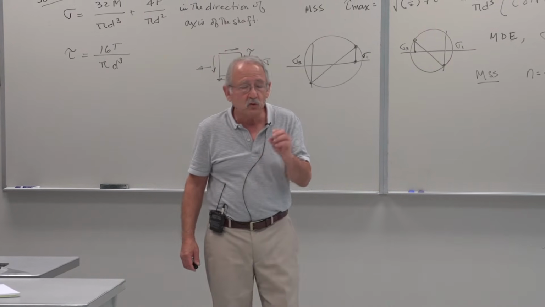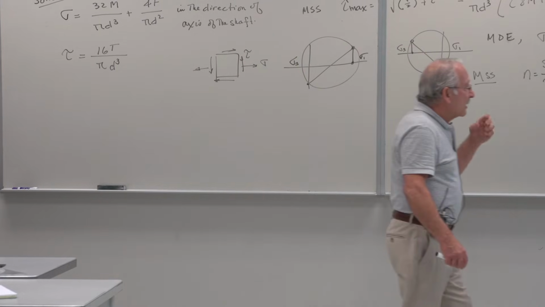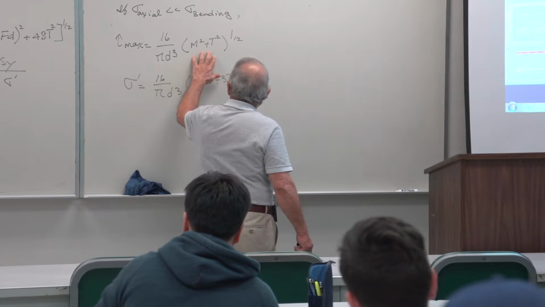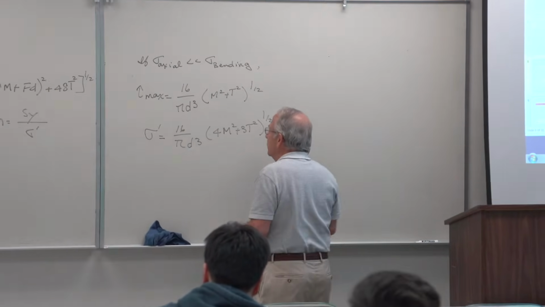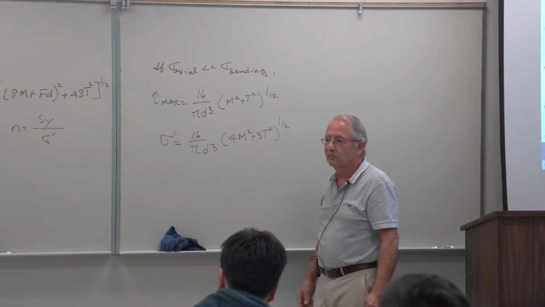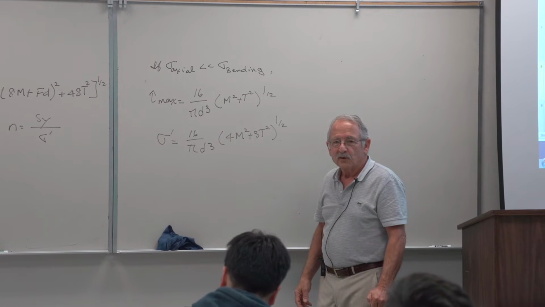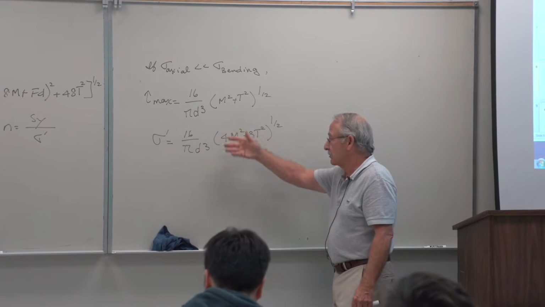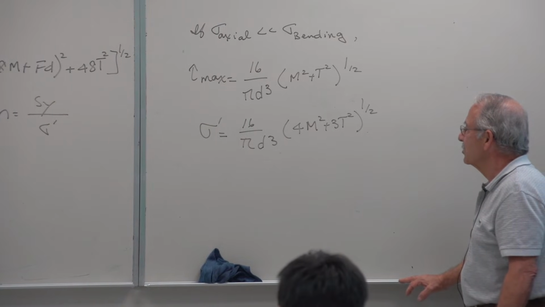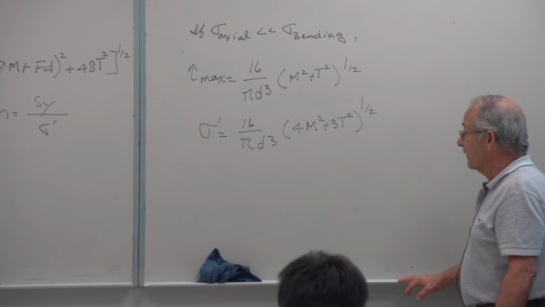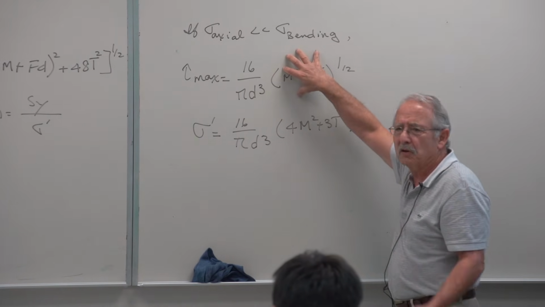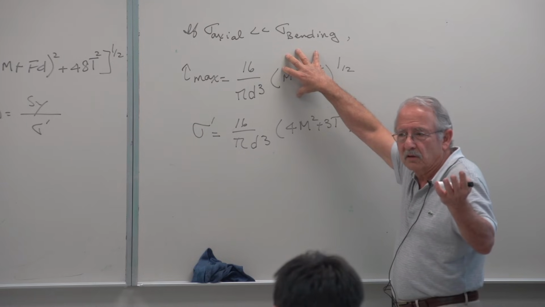Number one. Number two, I've seen some people do this. Say, okay, so we have this. All right, and look at this. This looks like a 16t divided by pi d cubed. Or if you want the moment equation, you can write that, and it'll be something very similar to this. What I've seen done in industry is they take this, and there's only a moment and a torque in the shaft, nothing else.